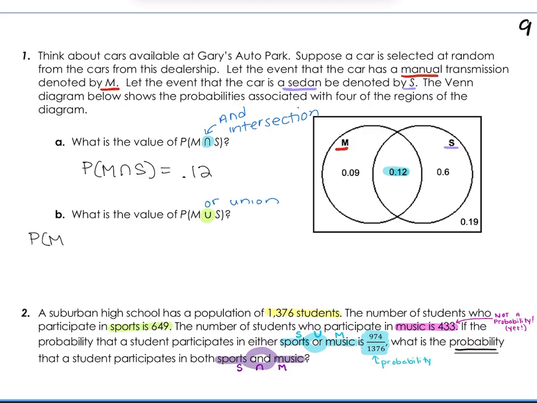That addition rule tells us that the union is equal to one event, which is manual, plus the other event, which is sedan. But then we need to subtract that intersection so that we're not counting it in both of those separate individual pieces.